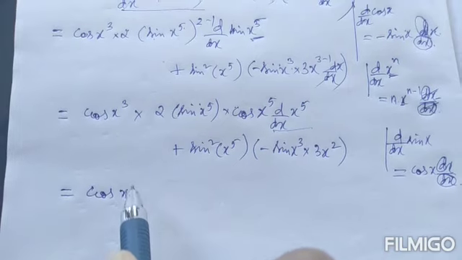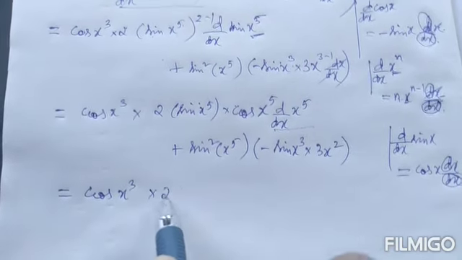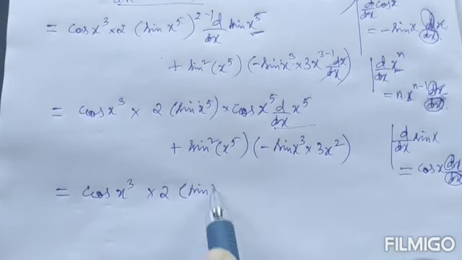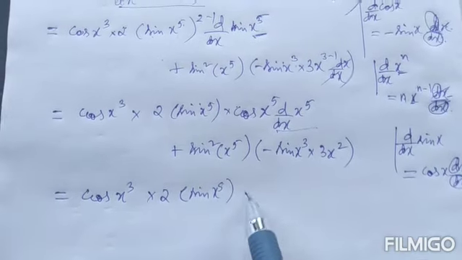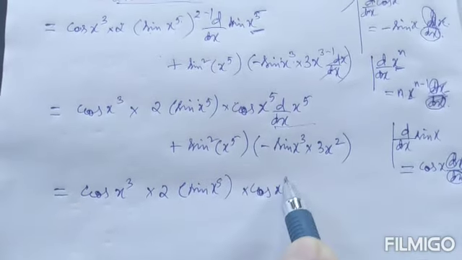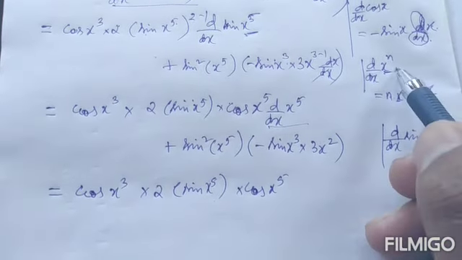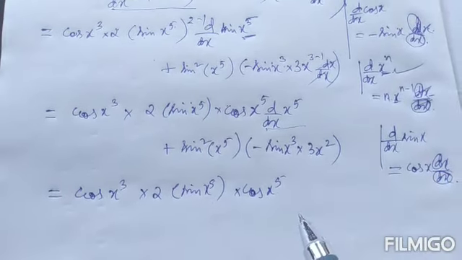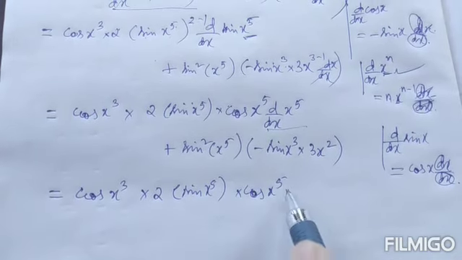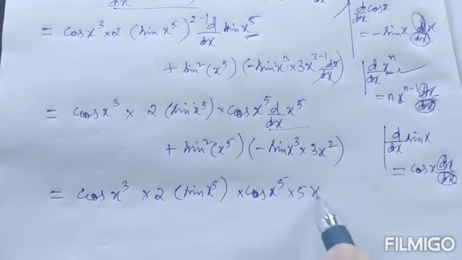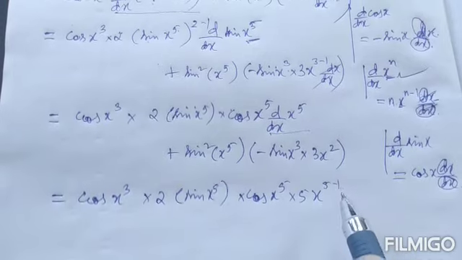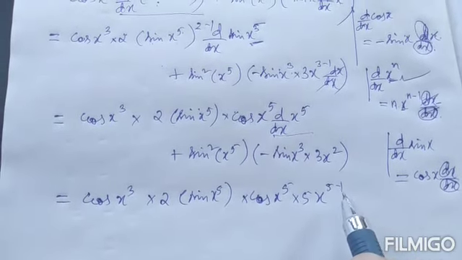Cos of x cube, 2 sin x power 5, cos of x power 5. Then d by dx of x power 5, I'll have to use the x power n formula only. That means I'll have 5 and then x power 5 minus 1. dx by dx will get cancelled.